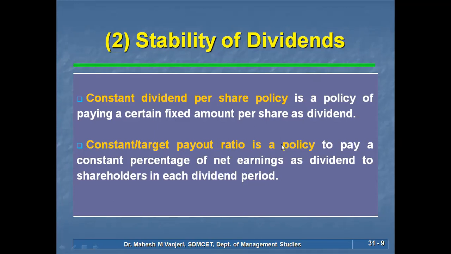When the company is earning 100 rupee profit, it will distribute 5 rupee as dividend. When the company earns 1000 rupee, 5% of 1000 is 50 rupees they will distribute as a dividend. So equity shareholders will get more dividend, but it can affect in reverse way also. When the company has losses, these shareholders will not get any dividend in the second policy.